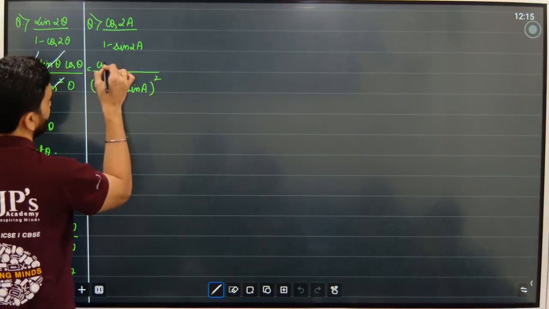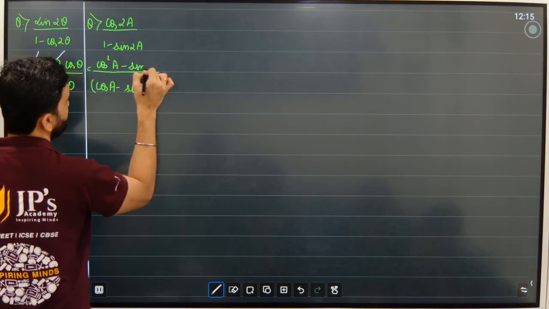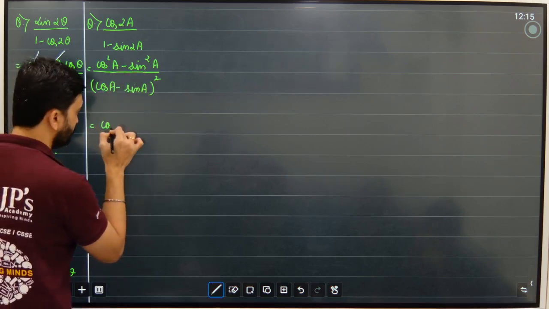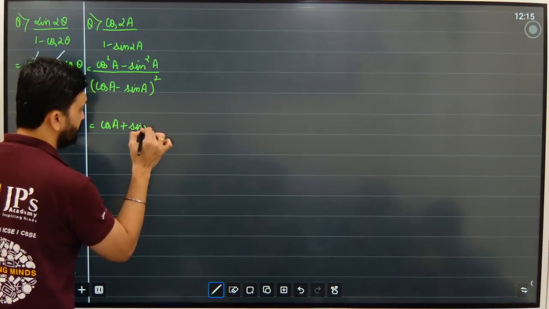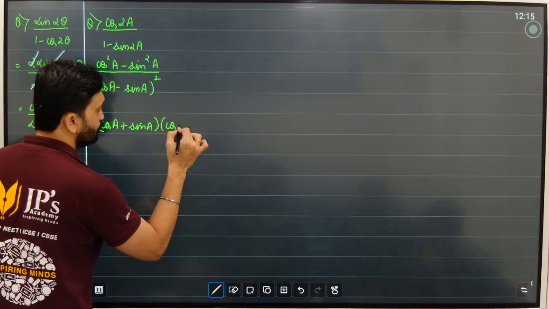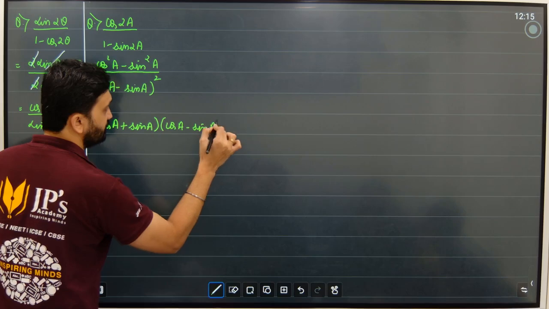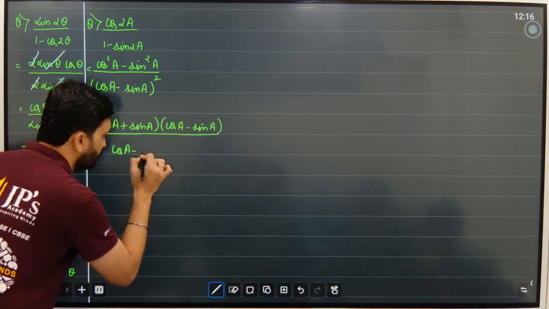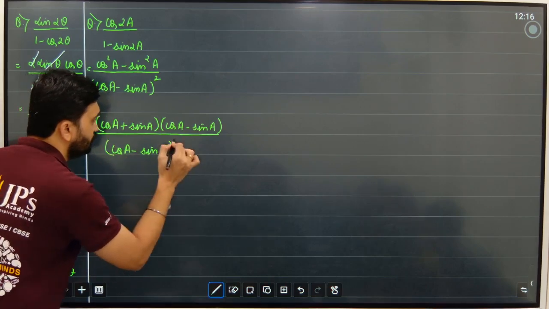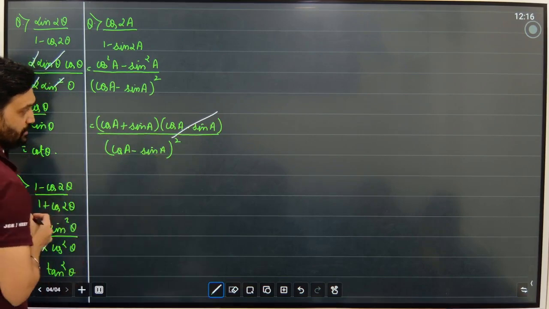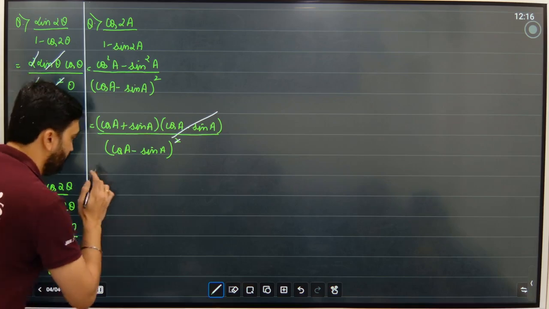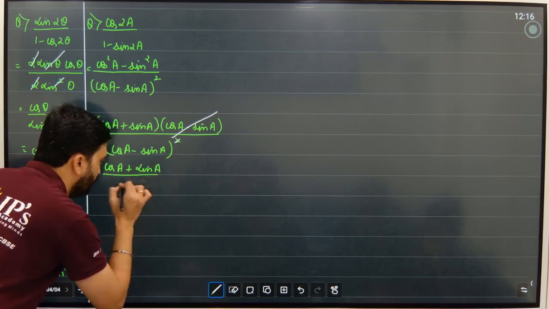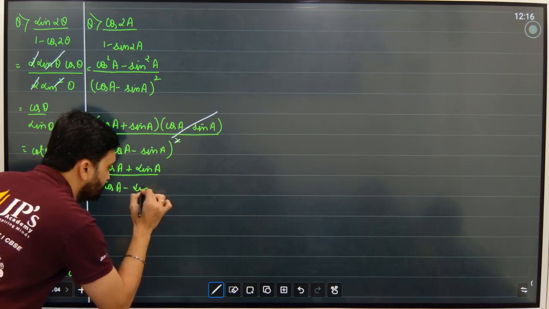So here I will write cos square a minus sin square a, which is nothing but a square minus b square, which is (cos a plus sin a) into (cos a minus sin a), the whole upon (cos a minus sin a) the whole square. So this cancels with one factor, and I am left with cos A plus sin A upon cos A minus sin A.